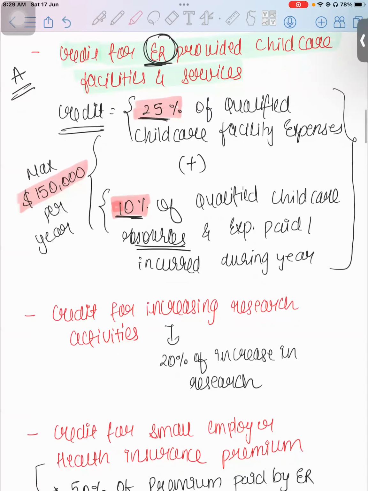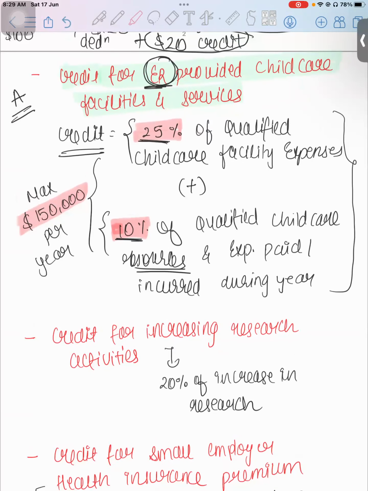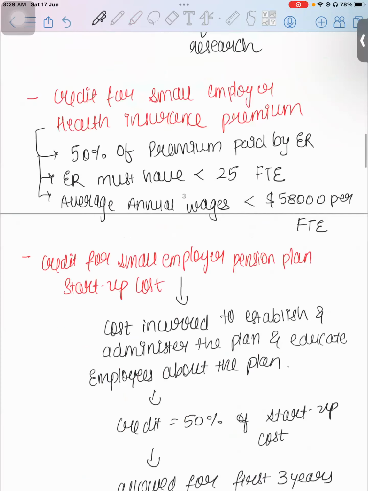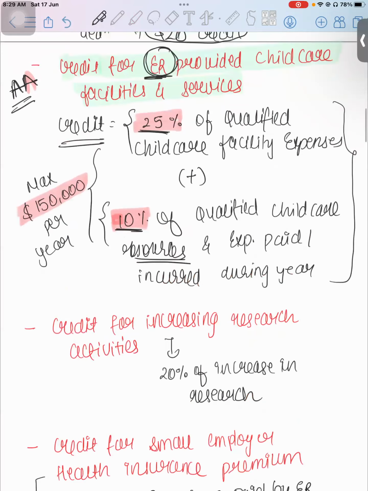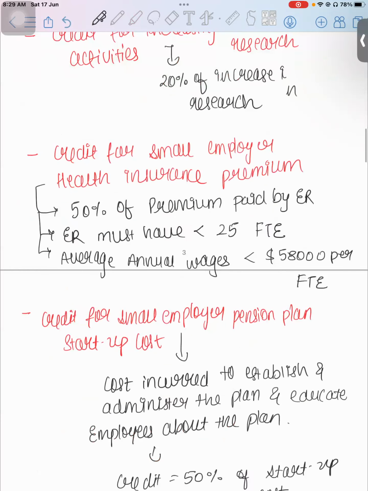And this is most important in the exam. I can mark it here as double A. Only one or two questions come in the exam from this topic, and this is one of the topics from which a question might be asked. The other is the disability credit, which we'll learn in upcoming topics.